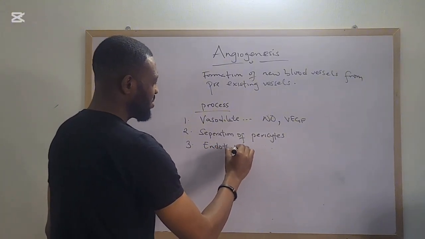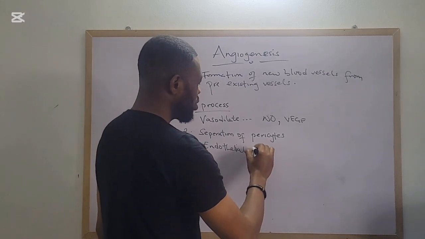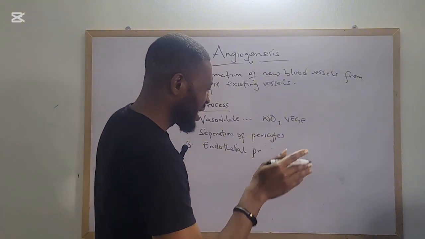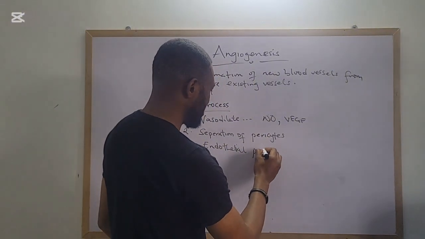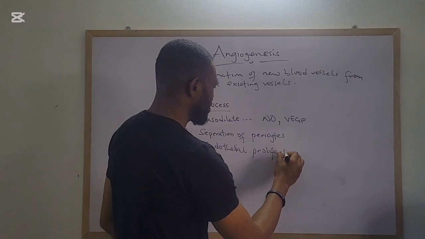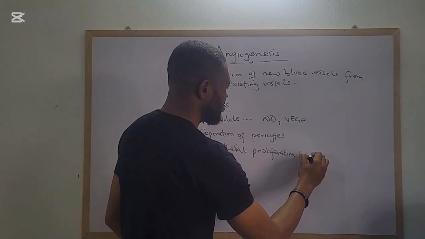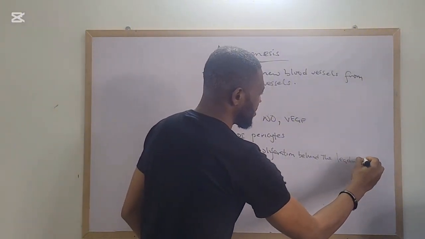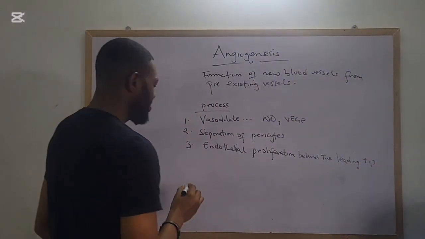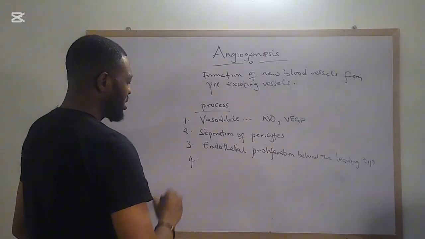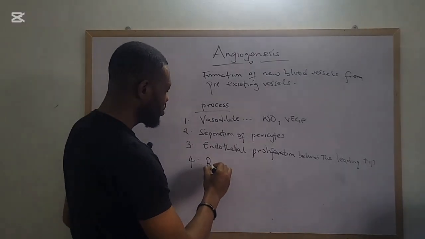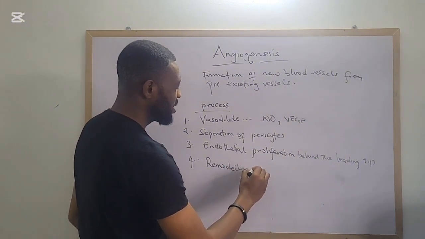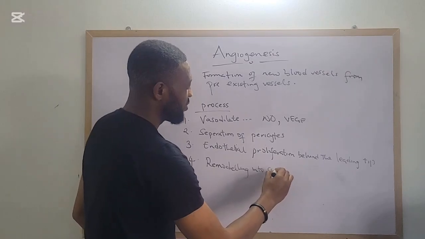And this endothelial proliferation is such that the endothelium will proliferate following a particular endothelial cell that is at the leading tip. Okay, so there's endothelial proliferation behind the leading tip. And then the next step after endothelial proliferation is remodeling into capillaries and blood vessels.